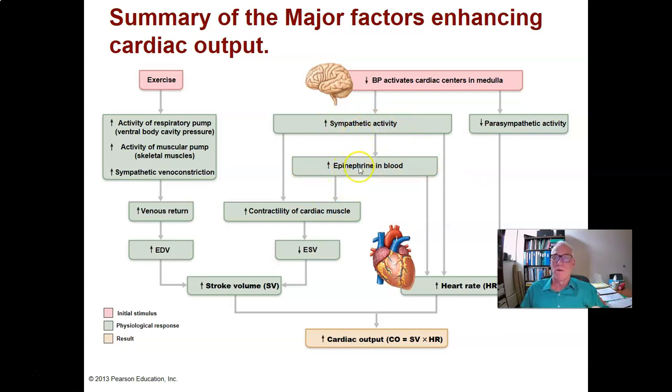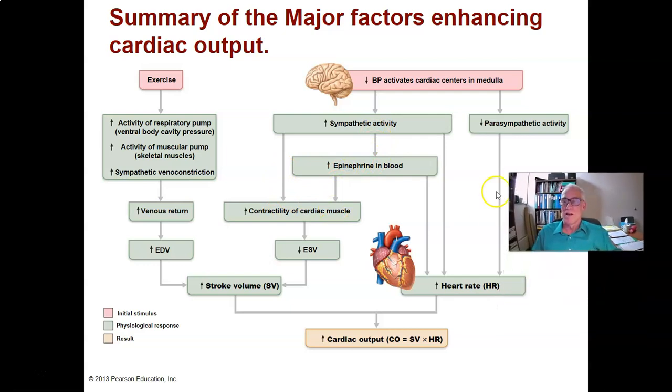Sympathetic nervous system, I should have said right here, what's causing that? Epinephrine and norepinephrine. Sympathetic neurons to the heart, epinephrine in the blood, acting on those same receptors in the heart and the blood vessels. We're going to get a decrease in end systolic volume, an increase in contractility. Pump out more of the volume of blood. If you pump out more blood, you're increasing stroke volume. The sympathetic nervous system causes an increase in stroke volume by force.